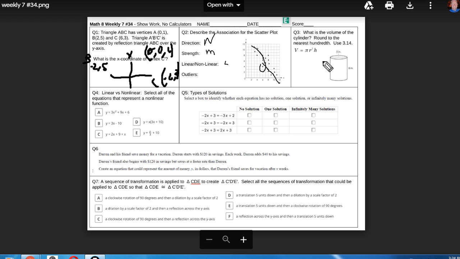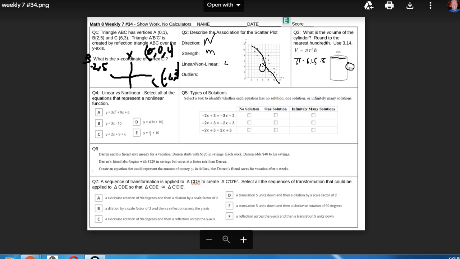Okay, so we're looking at this one. We have a cylinder, so they give us the volume equals pi r squared times the height. They give us the diameter here. We don't want the diameter, we want the radius. So radius is halfway, so it would be 2.5, and that squared is 6.25, times 8 is our height, and times pi.